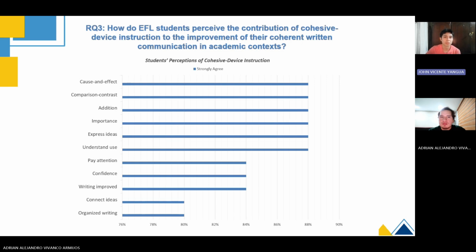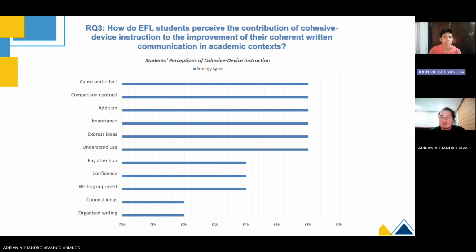Students also perceived improvements in the organization and coherence of their academic paragraphs. In addition, 84% strongly agreed that their writing had improved after the instructional intervention, while 80% strongly agreed that they were able to organize ideas and connect sentences more effectively.